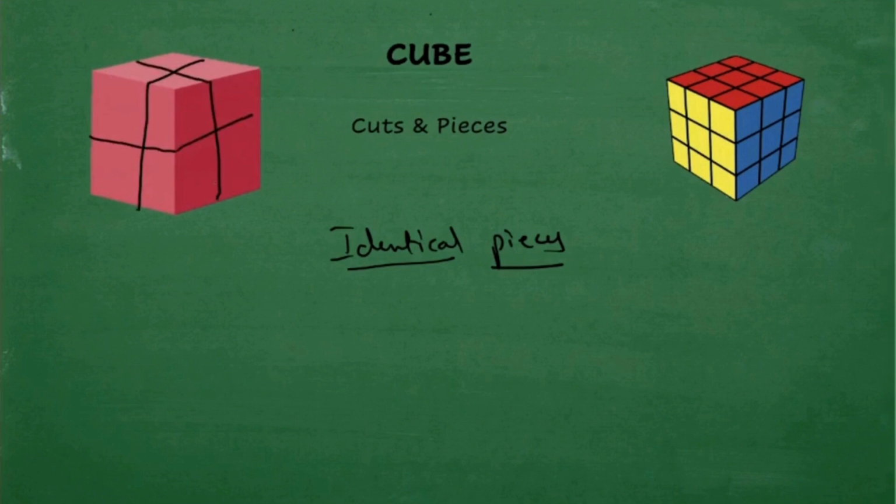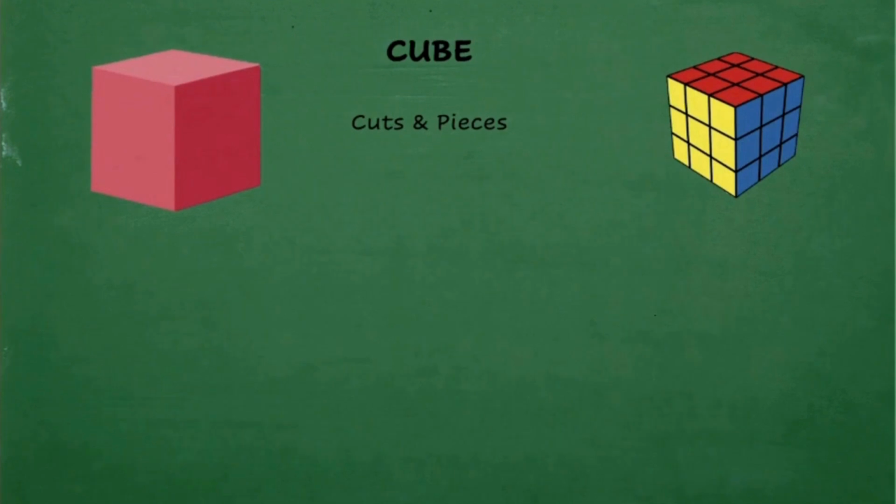These are the three directions where cuts can be made. No other pattern will be involved here. So as we have discussed, the term used is identical pieces, and to have identical pieces, we make the cuts on the planes: the x-axis, y-axis, and z-axis, as discussed earlier.